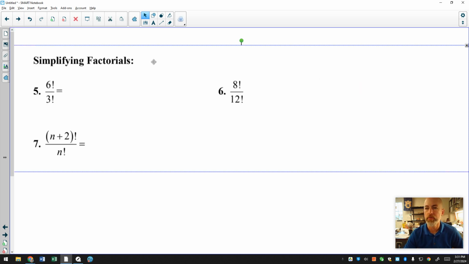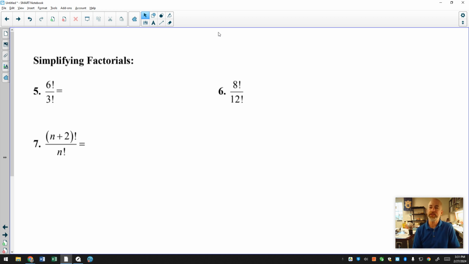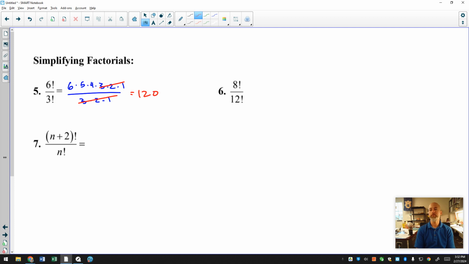Moving on, we will be simplifying factorials quite a bit. It's definitely easiest to simplify factorials not by computing each piece and then reducing the fraction, but by looking at something like 6 factorial over 3 factorial. 6 factorial is 6 times 5 times 4 times 3 times 2 times 1, over 3 factorial, which is 3 times 2 times 1. The 3 factorials cancel out, leaving us with 6 times 5 times 4, and 6 times 5 times 4 is 30 times 4, which is 120.